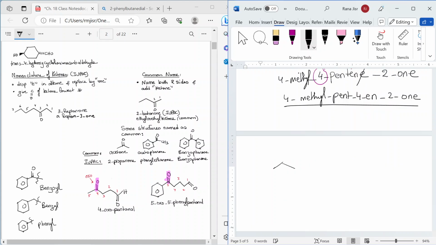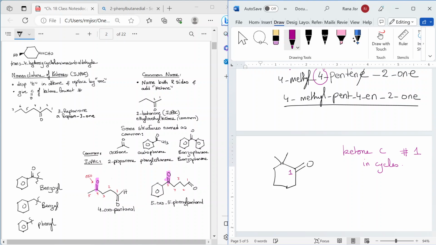Now, if we have a cyclic ketone, then in this case, the ketone carbon is going to be carbon number 1. This is the only case where the ketone carbon is going to be number 1, in cycles.